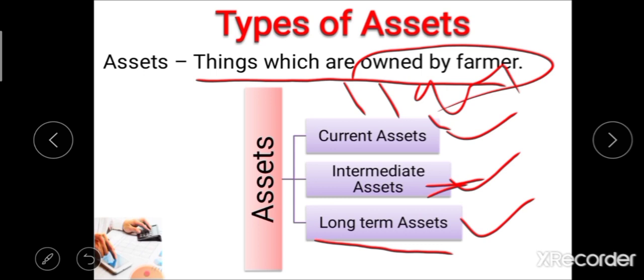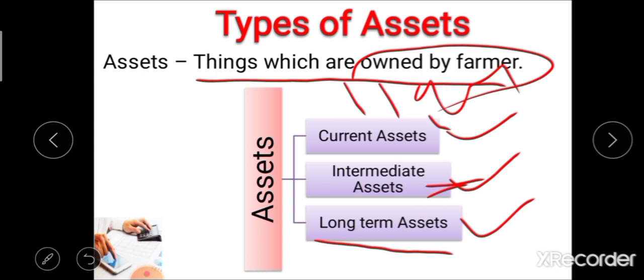Conversion of these assets into cash requires some sort of procedure, the lengthiest procedure, so it requires a larger time period. So the three types are current asset, intermediate asset, and long-term asset. This is the first component of the balance sheet, that is, asset.